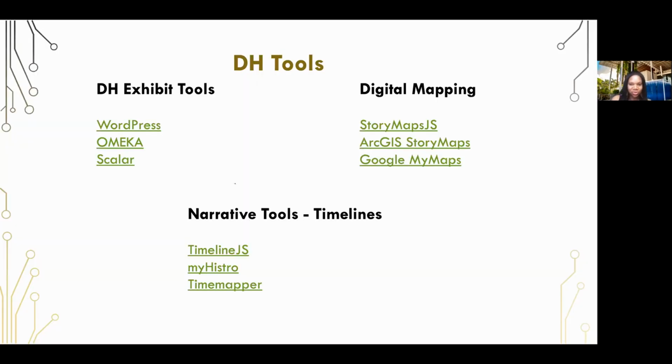Now, some tools that you can use are majority free. I say majority because WordPress is free to a certain extent. I believe if you have advertisements on it, they let you do it for free. But if you're looking to create a bigger website or a professional page, there is a small fee each month. Omeka has a lot more features that you can use for digital exhibits, and this is free.